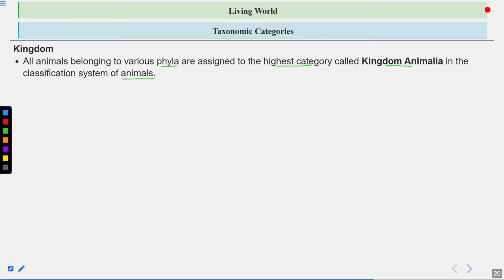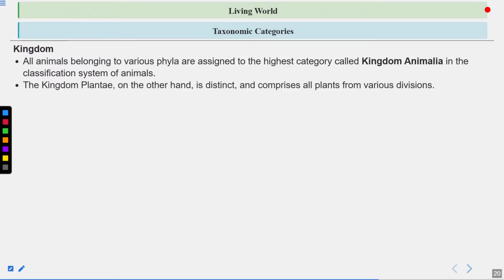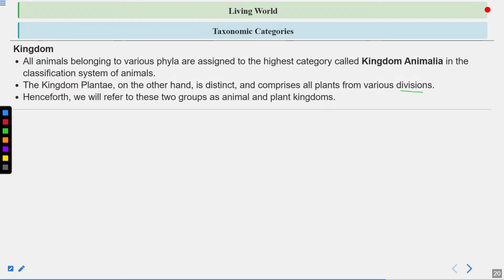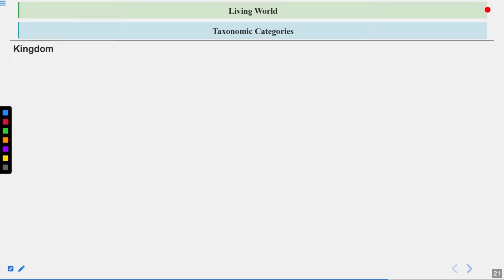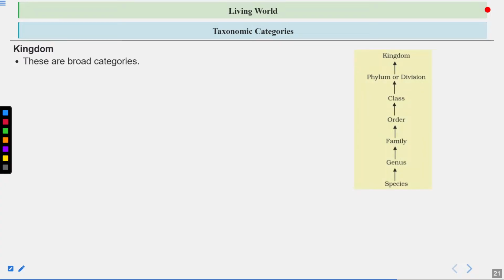For example, kingdom Animalia includes all the animals: terrestrial animals, aquatic animals, chordates, non-chordates. Kingdom Plantae, on the other hand, is distinct and comprises all plants from various divisions. Henceforth, we will refer to these two groups as animal and plant kingdom. So these are the highest categories or highest taxon, quite broad categories.